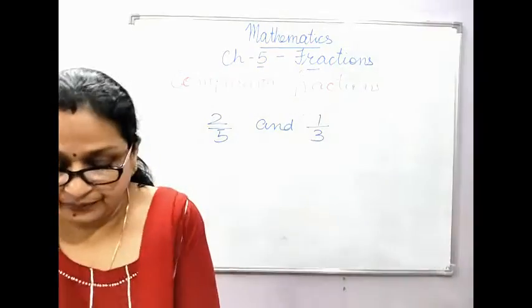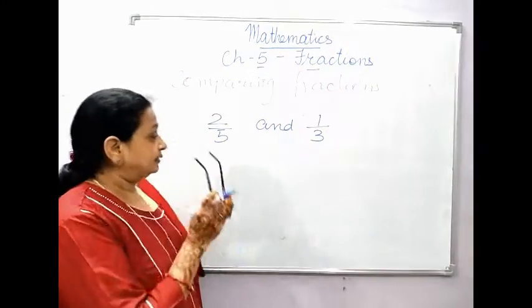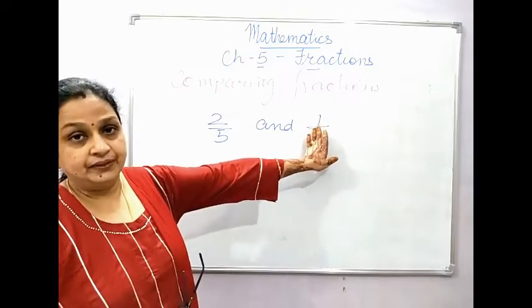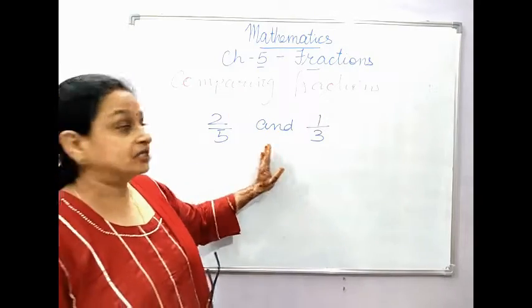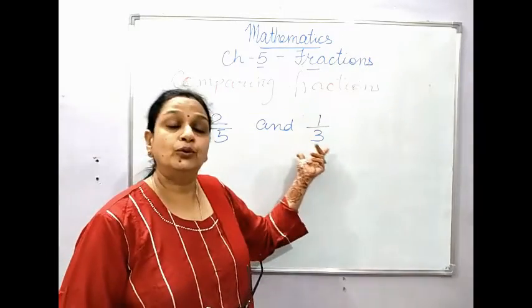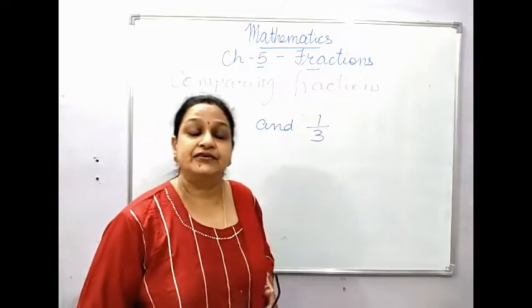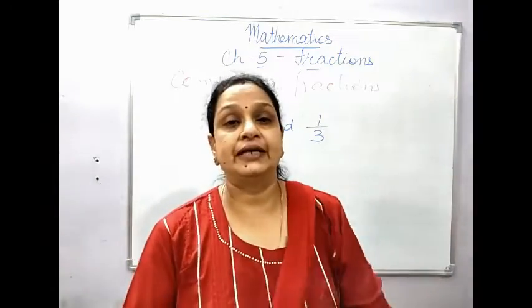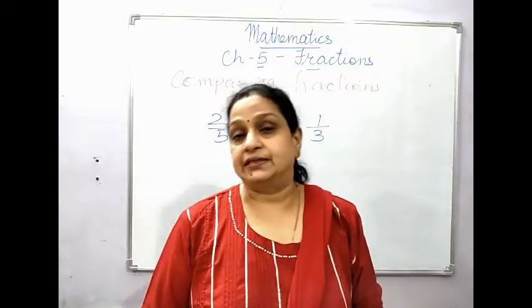Now look here, children. In this, the denominators are not same, neither are the numerators. They are unlike fractions because the denominators are not same. So how will you compare that? There are different methods for finding out which one is greater. I'll be telling you the simplest one.